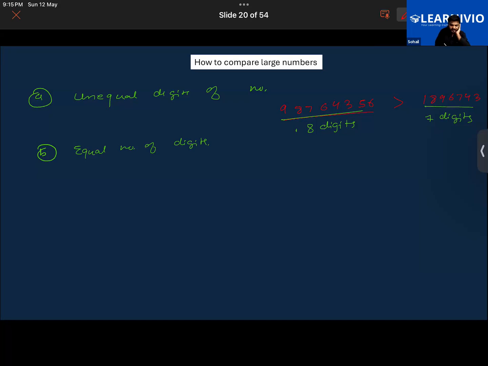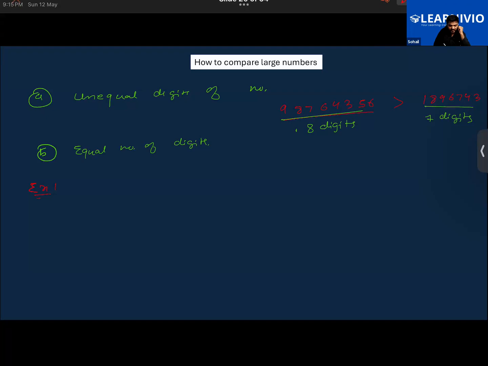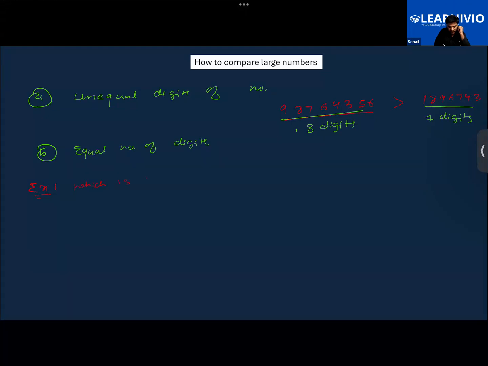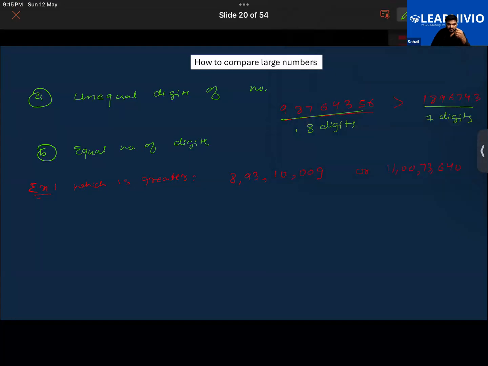Let's say I'm giving you two numbers. You have to tell me which is greater, out of 8 and 10009. Look at it carefully and then answer.